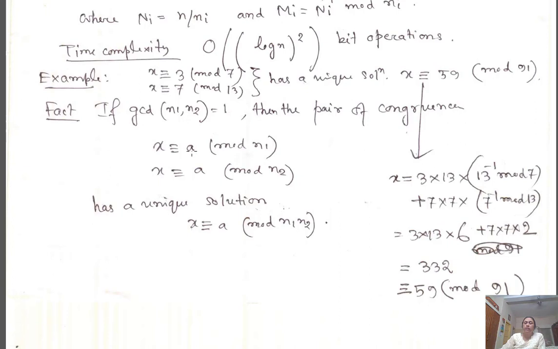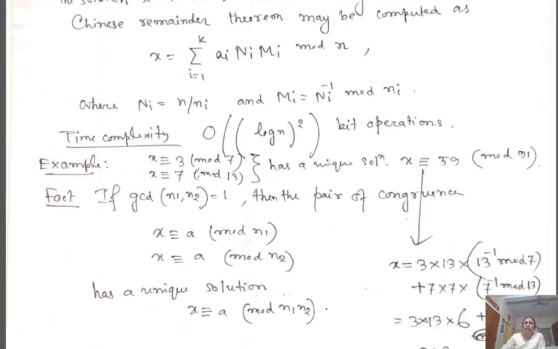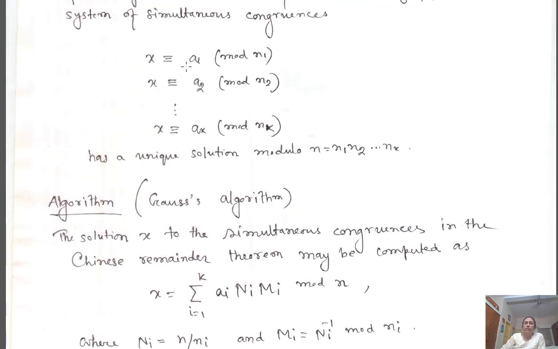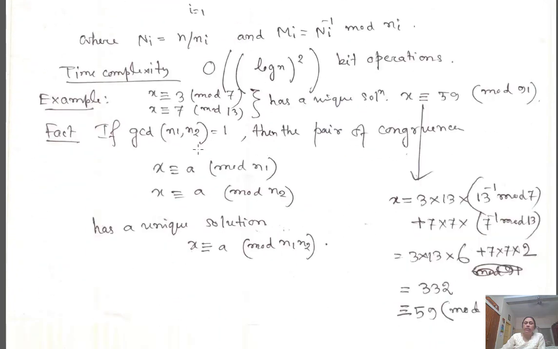Here I have taken a1, a2, ak and n1, n2, nk, and this simplification means: x is congruent to a modulo n1, x is congruent to the same a modulo n2. Then in that case it has a unique solution, given by a modulo n1 n2, since n1 and n2 are co-prime. So this simplification is sometimes helpful.